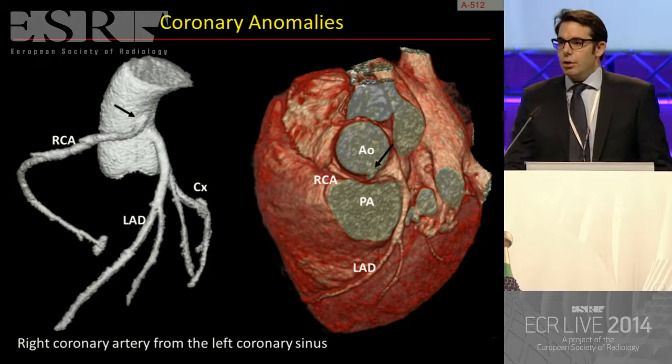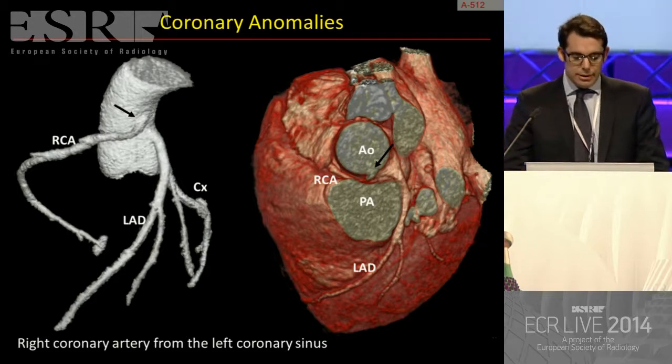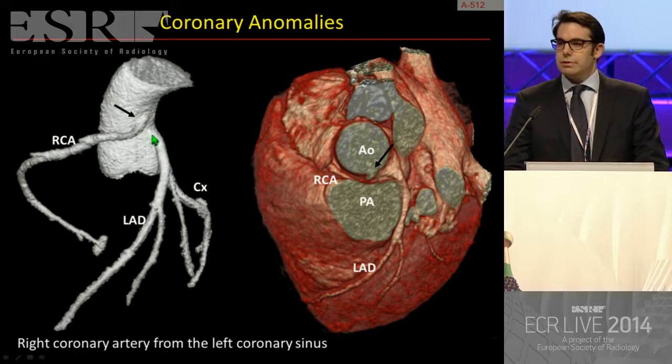Not necessarily is it always as sharp as that. Here you can find exactly the same anomaly, but it's not coming exactly from the sinus of Valsalva. It's coming a little bit more cranial to the sinus of Valsalva, as you can see here. But again, you can imagine that when there is exercise, when there are high pressures in this area and high pressures in this area, there could be a squeezing of this vessel.